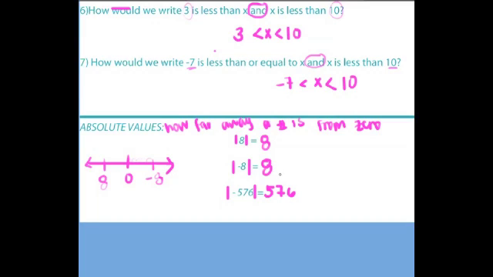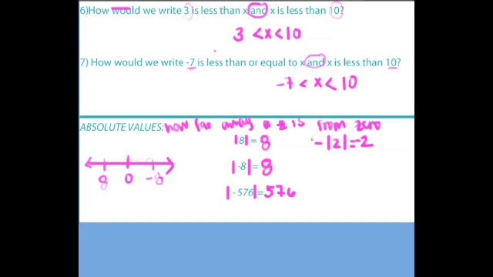So the only time you might get a negative answer is if you get something like this. The 2 on the inside is positive, and so when the negative is on the outside, then you're going to get a negative answer on the right side.